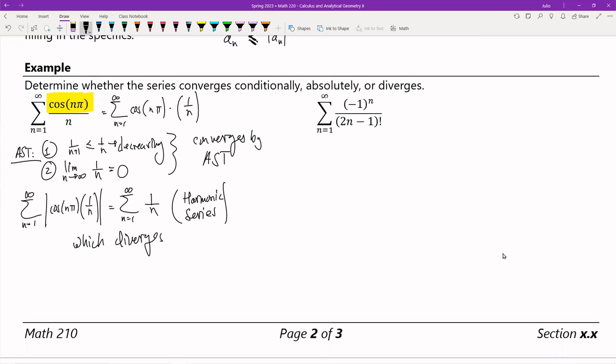So we have the sum from n equals 1 to infinity of cosine of n pi over n. This converges by AST.